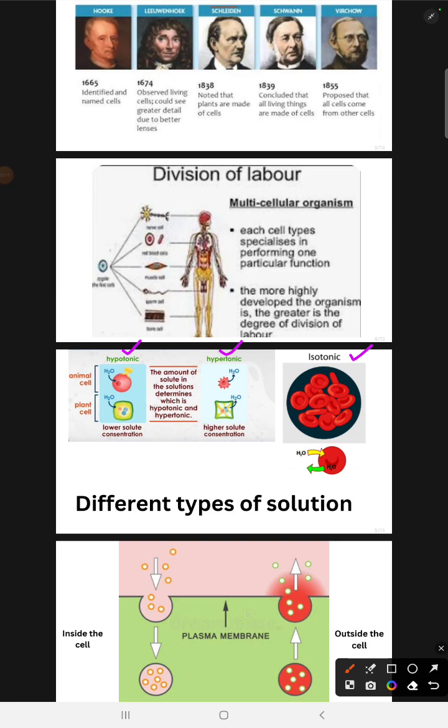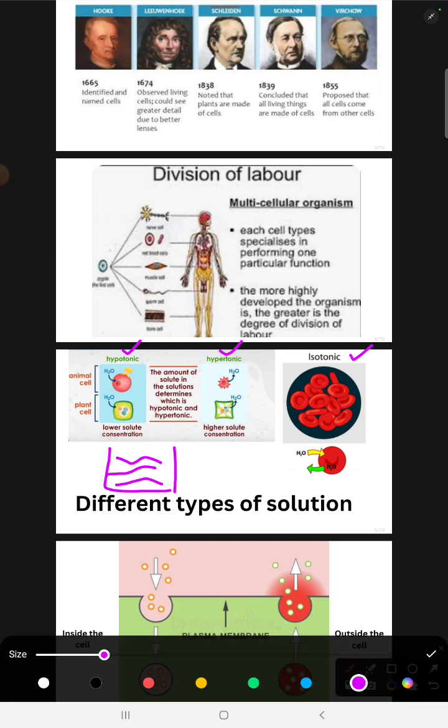If an animal cell is kept in a hypotonic solution, that means the amount of water is more in the container, and the cell is dried up, or it's a dry cell. Then the water from the container will move into the cell.